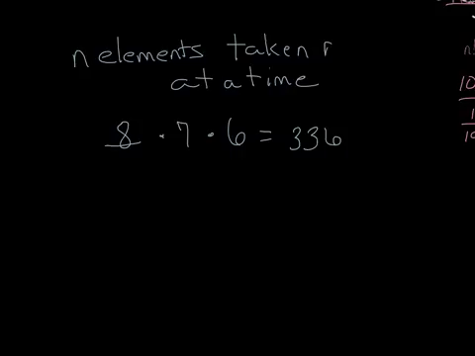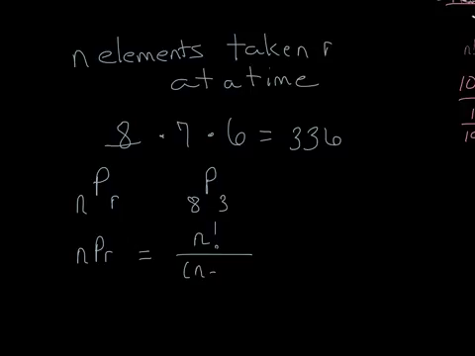One way that can be shown is nPr, or 8 horses taken 3 at a time. The formula for that, again, your calculator will do it, but you don't always have a calculator available on all of your tests. The formula is n factorial over n minus r factorial.